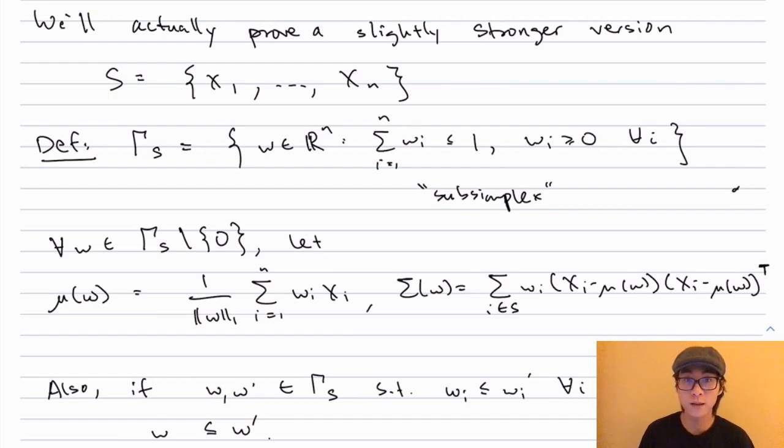And I can also define the empirical covariance with respect to this w. So I can define sigma of w to be the sum over i in S of wi times x of i minus mu of w times x of i minus mu of w transpose. If I was going to be super proper, I would also have a normalizing factor of 1 over the L1 norm of w here, but it turns out it doesn't matter too much, so I will neglect that here.